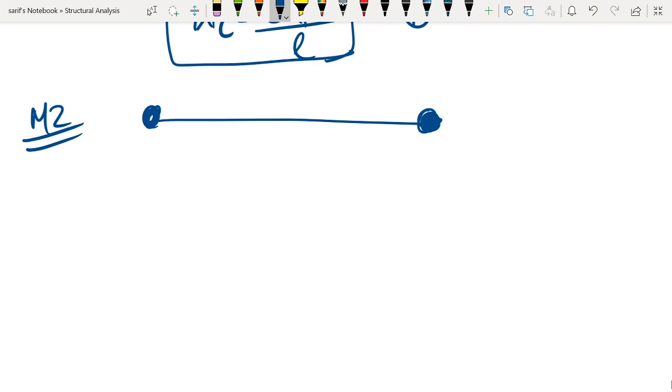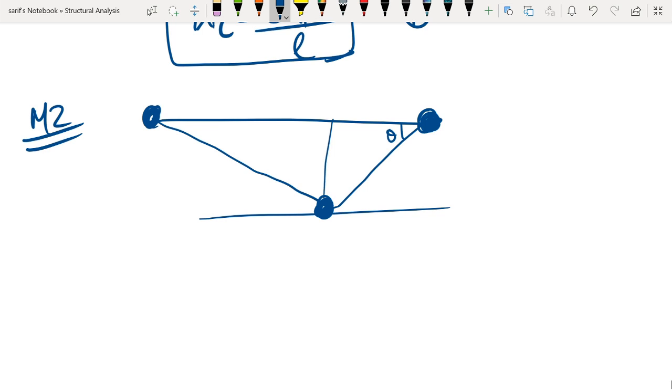However, the third hinge that is required to form a plastic hinge mechanism, let us assume it is going to form under load W. If we assume this as theta, this distance will be 0.25 L theta, this is going to be theta divided by 3, this angle also will be theta divided by 3, and this particular distance is going to be 0.2 L theta divided by 3.